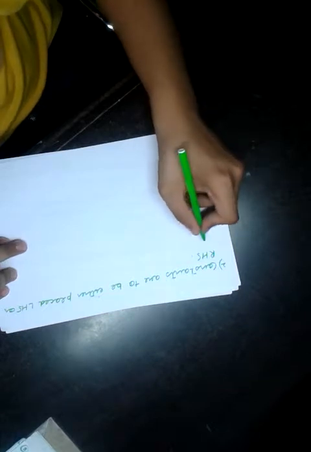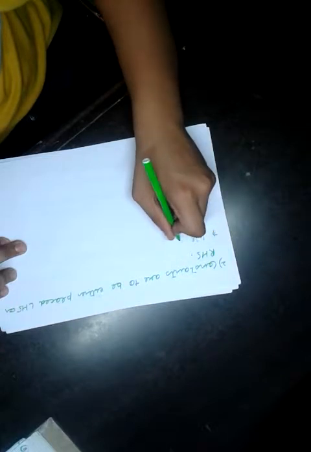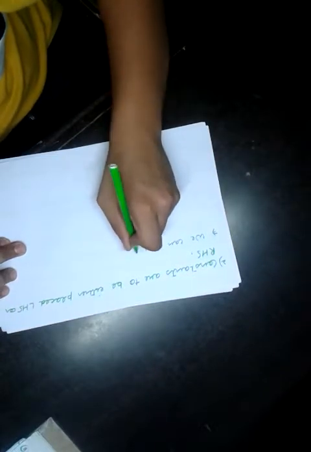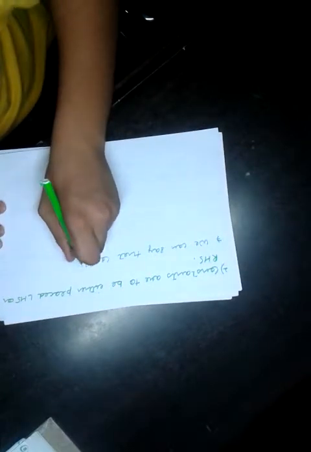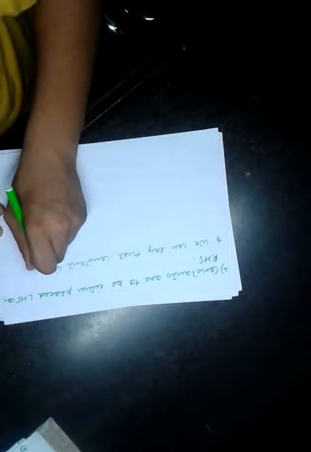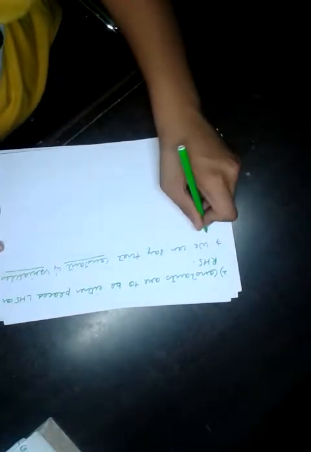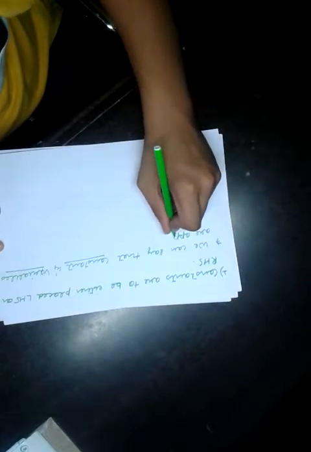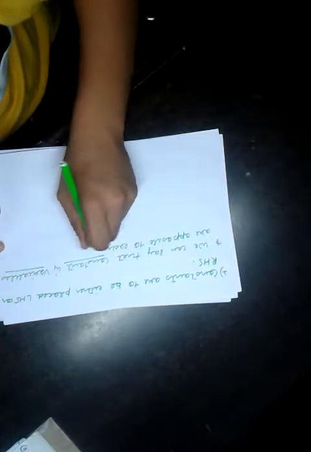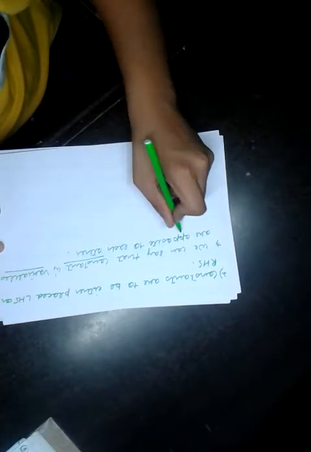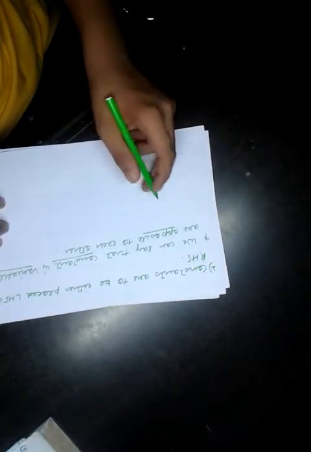Concluding with these points, we can say that constants and variables are opposite to each other. I hope that this much is clear to you. Now we would like to start with the questions.